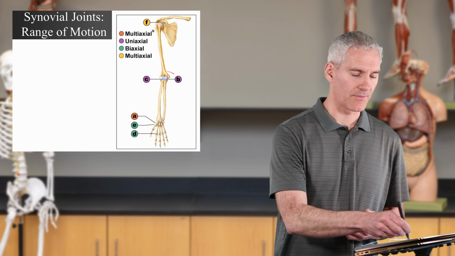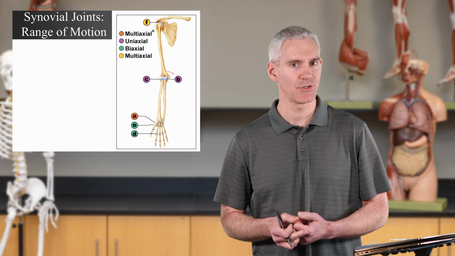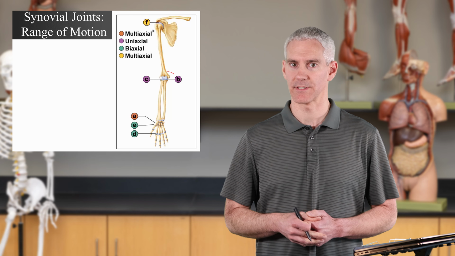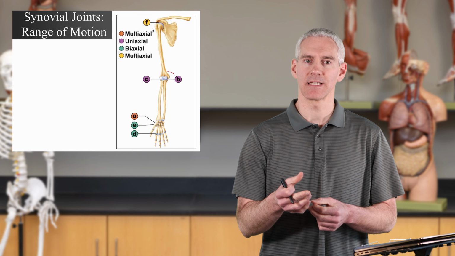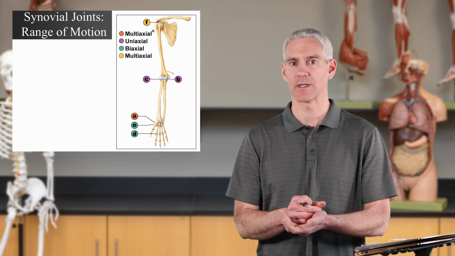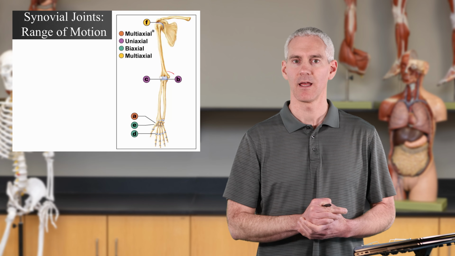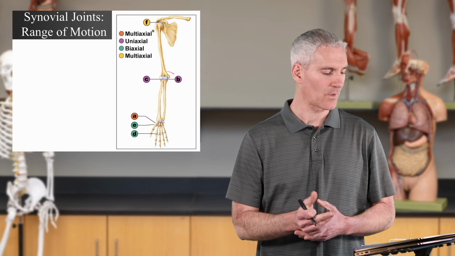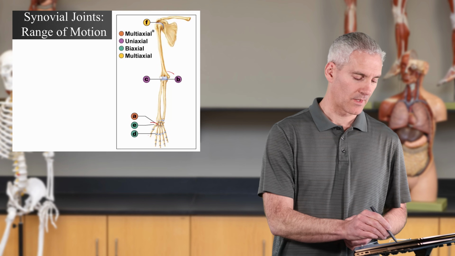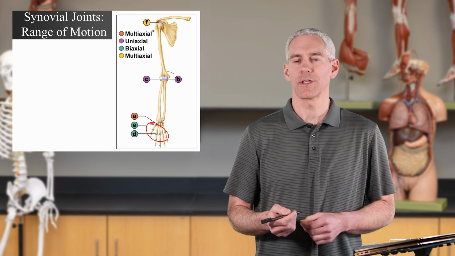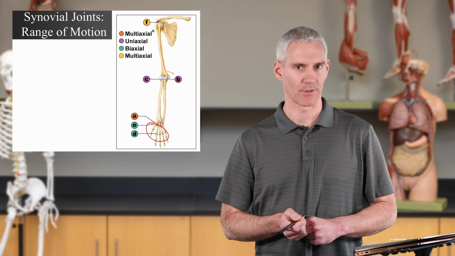For uniaxial, that was looking at the hinge joint, think trochlea and trochlear notch, as well as looking at the pivot joint. In this case, it's showing the head of the radius to the ulna, so it can cause pronation and supination.